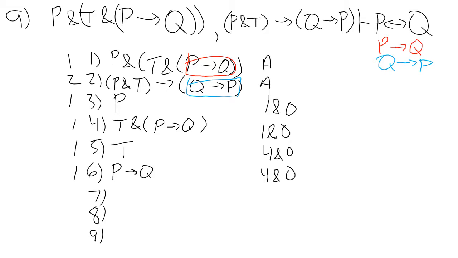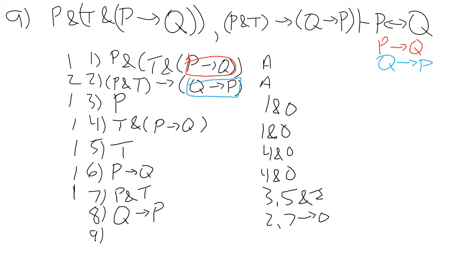I need to get to Q arrow P, and to get that I need the antecedent to the conditional statement in 2. So I can put P and T together from 3, 5, ampersand in, 1 and 1. Then we can get Q arrow P from 2 and 7, arrow out, 1 and 2.